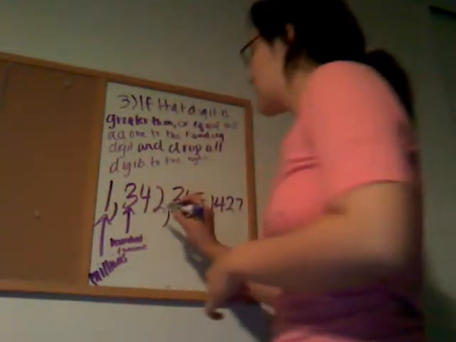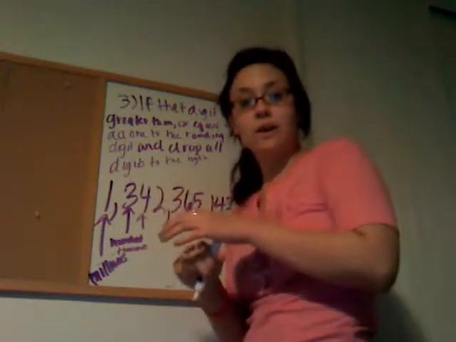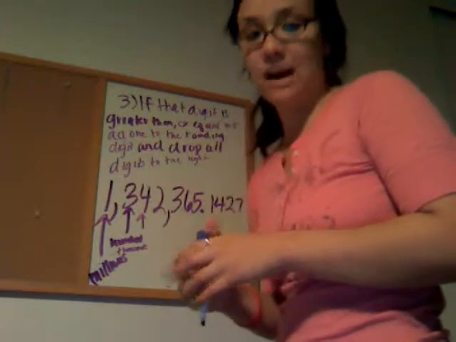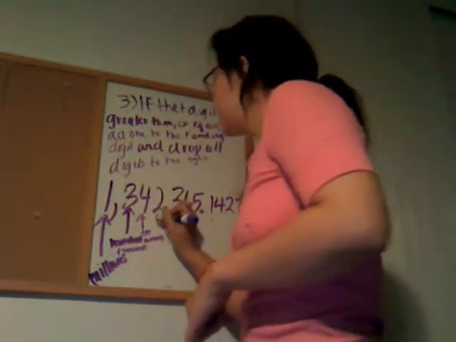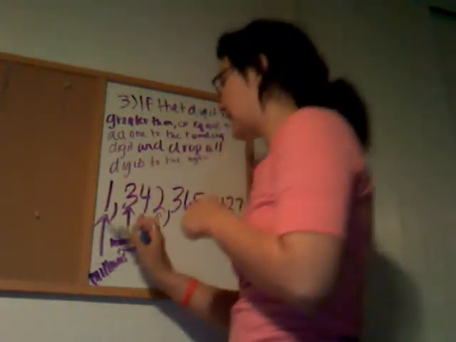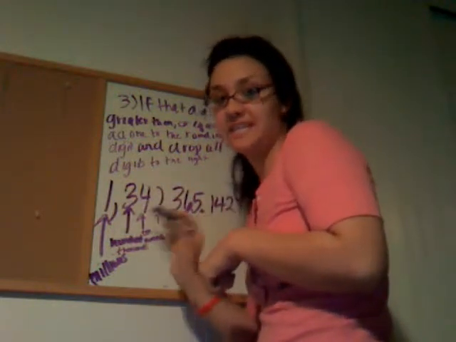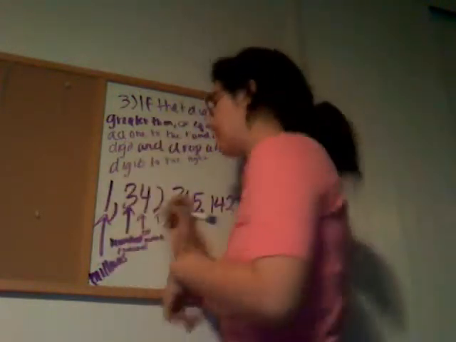And this 4 is actually the 10,000s. So let's remember that, 10,000. And this 2 is the thousands, because like I said, you read this as 1,342,000, so that's kind of an easy way to remember. Thousands.